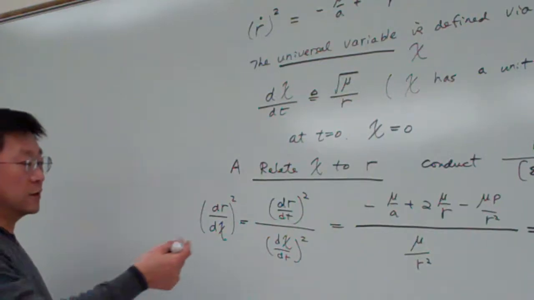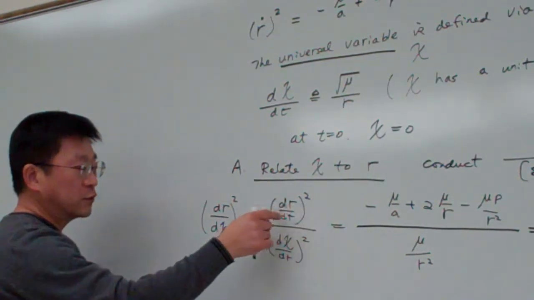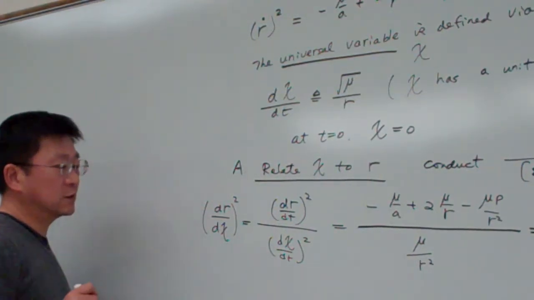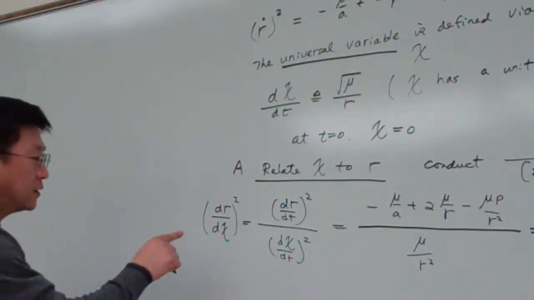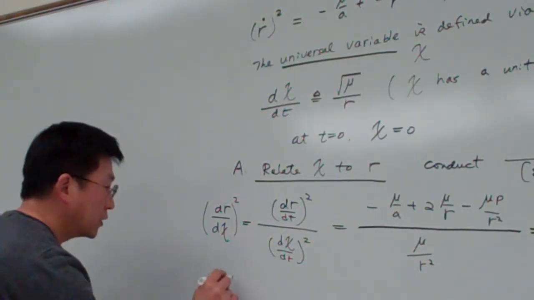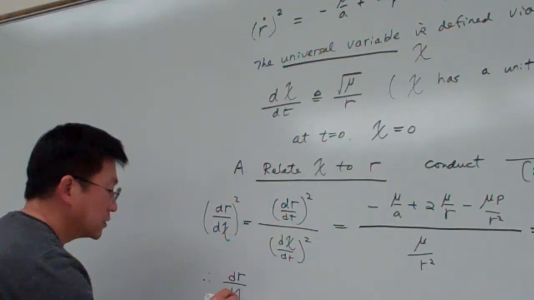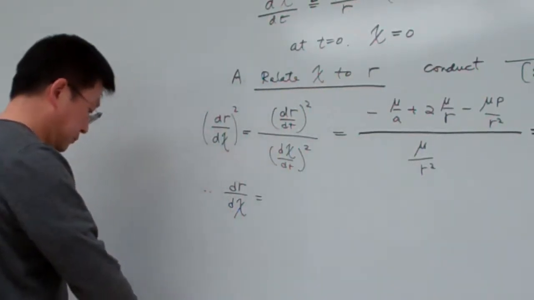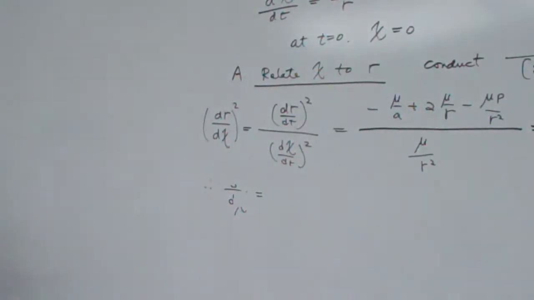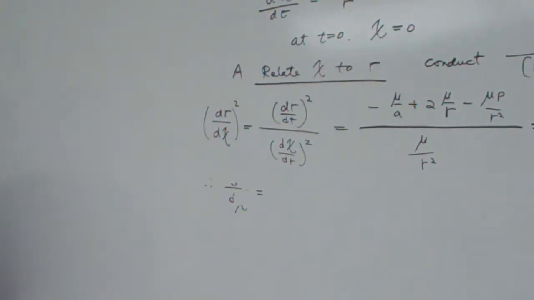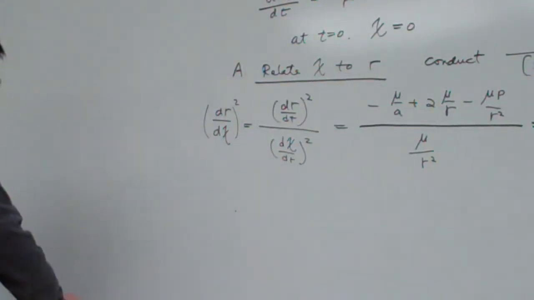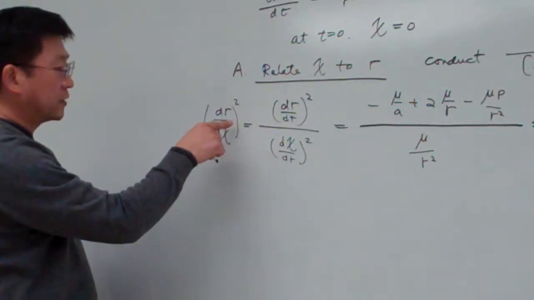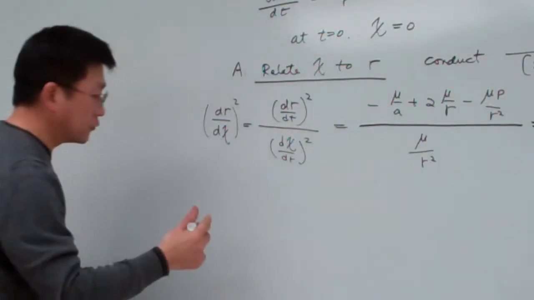So here we simply put the square into these derivative symbols, we can cancel dt. So basically it becomes like this. Okay? So therefore from here, let me check these things. So therefore we have dr over d Kc, and that one simply equal to the square root of that number. Let me put it.